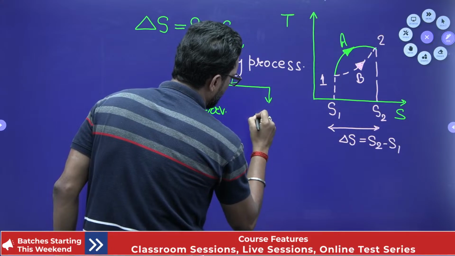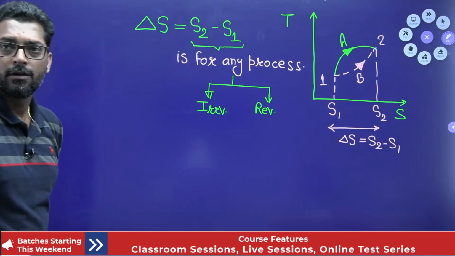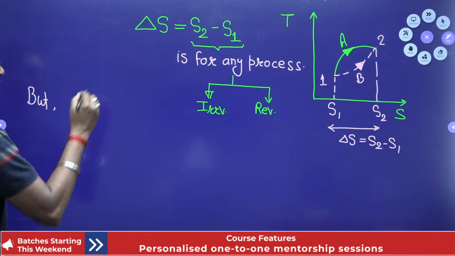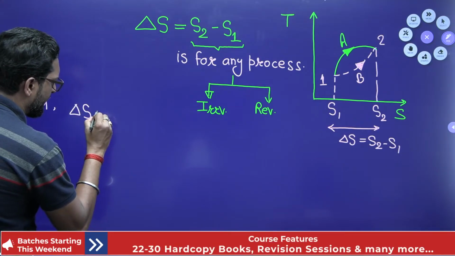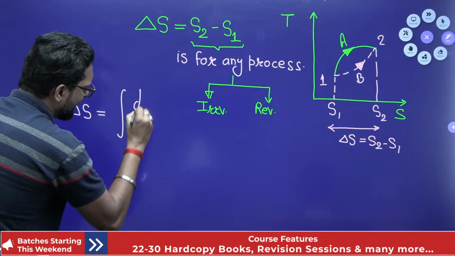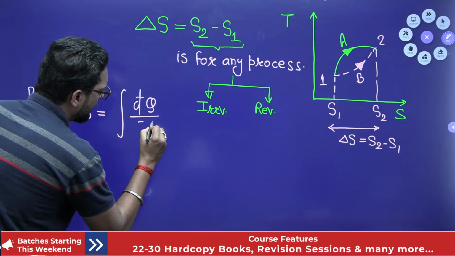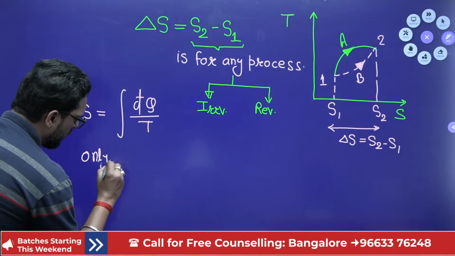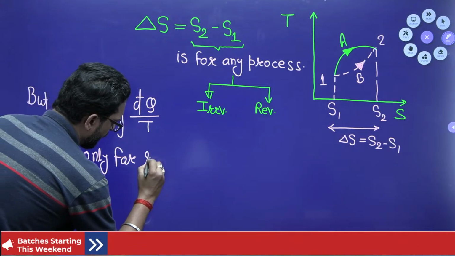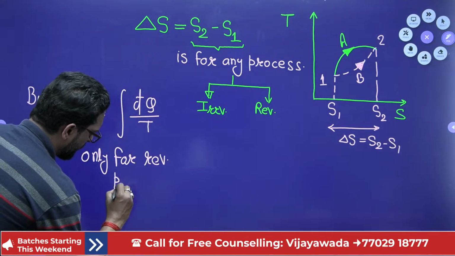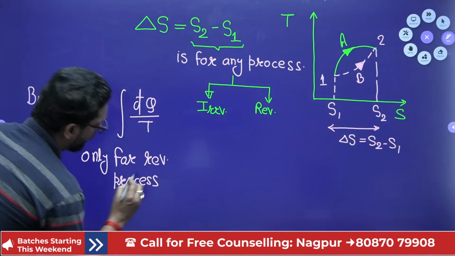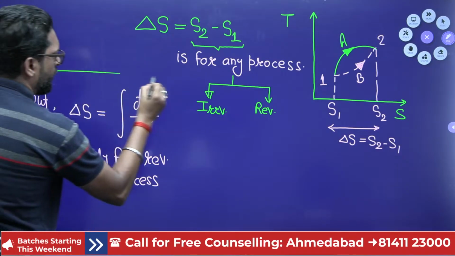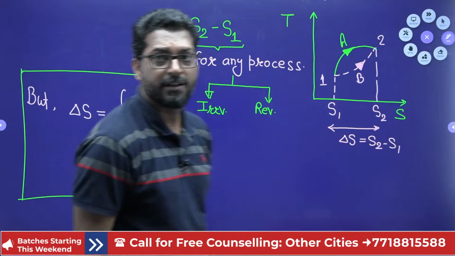But this delta S is equal to the integration of dq by t only for a reversible process. This is very important, I am telling you. Only for a reversible process. Is this clear or not? Please, everyone.